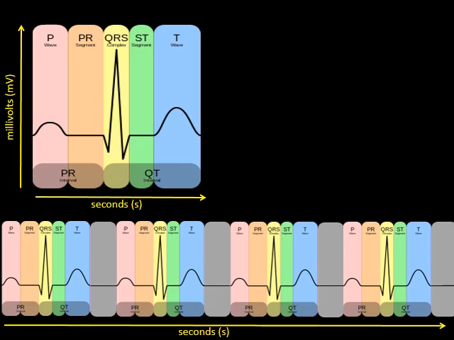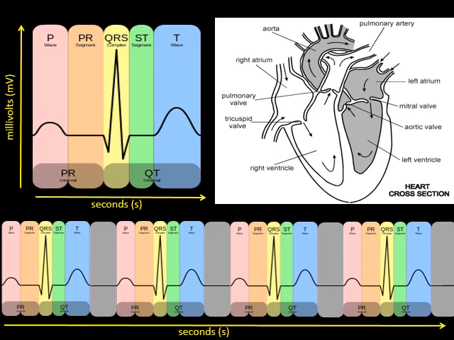So we can now link the ECG trace with the cardiac cycle and control of the heartbeat through the SAN. Now, the sinoatrial node is a specialized area of cardiac fibers that originate the wave of depolarization. So we call this the SA or sinoatrial node.